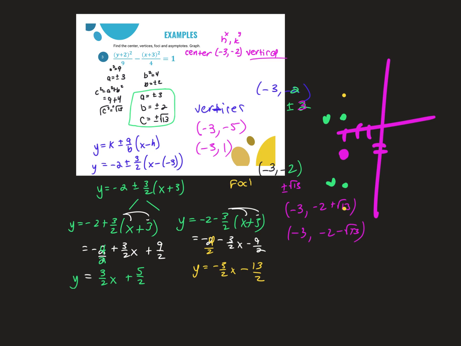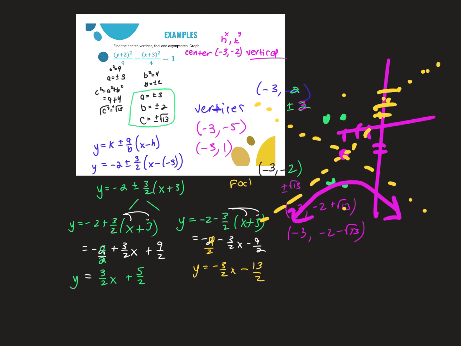And then for my intercepts, if I'm going to graph the line, I'm going to start at negative 3, 2.5. Sorry, I'm trying to go fast. This point here-ish is my intercept. I'm going to go up 3 over 2, up 3 over 2, so it's something like here-ish. And then the other one is going to be here-ish. And then when I graph my branches, it gets close to, but doesn't touch.